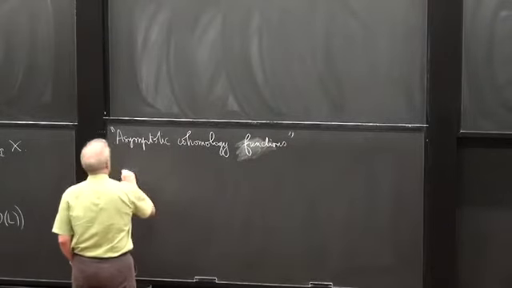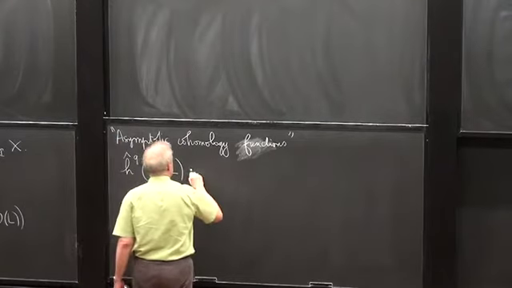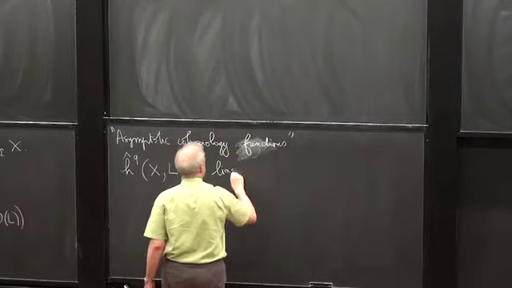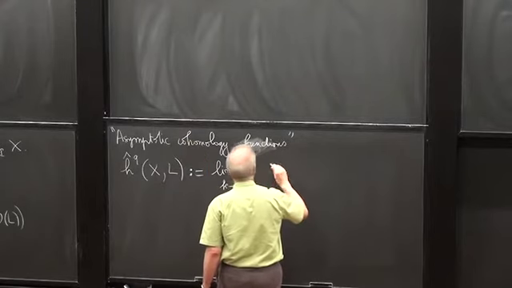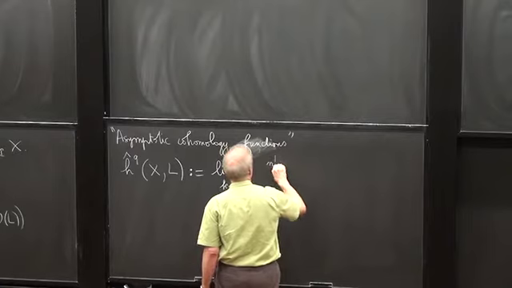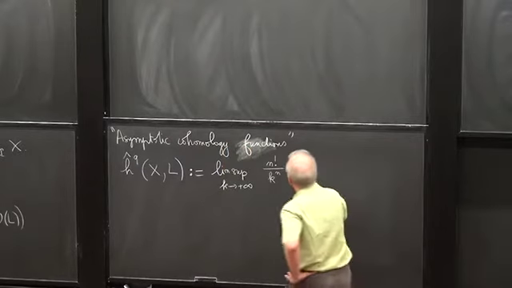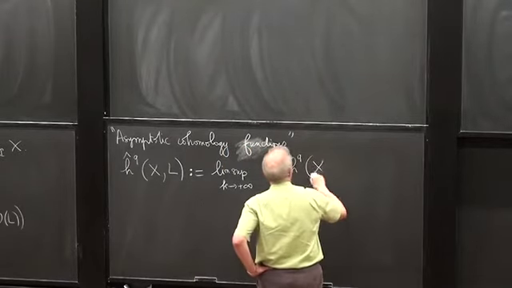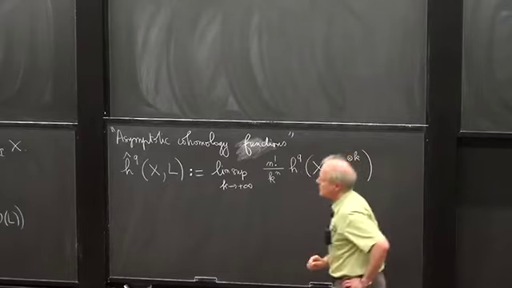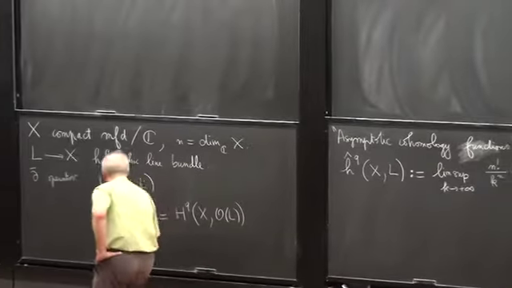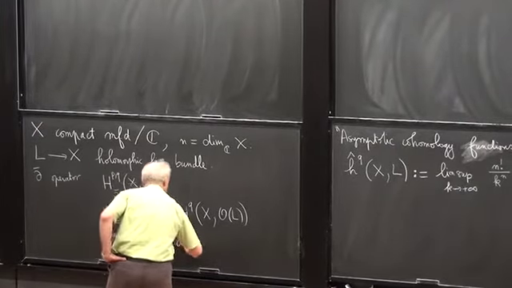So by definition, I look at ĥ^q(X, L), and this is the lim sup as k goes to infinity of, well, you renormalize by n factorial, for some reason, divided by k to the n, times the dimension of H^q of X into the k-th tensor power of L. So here small h means just dimension.